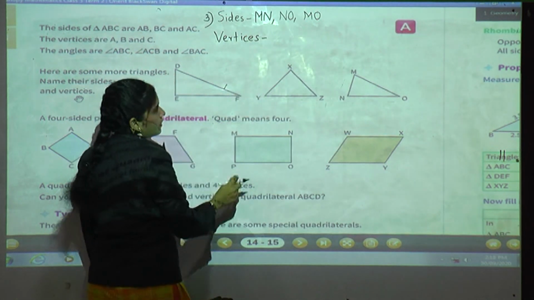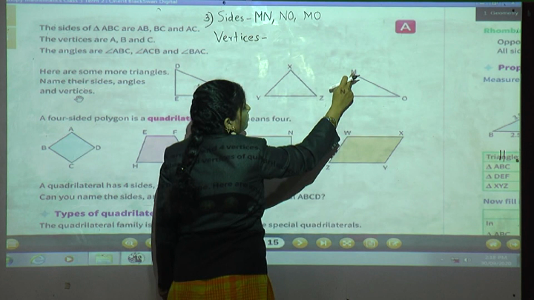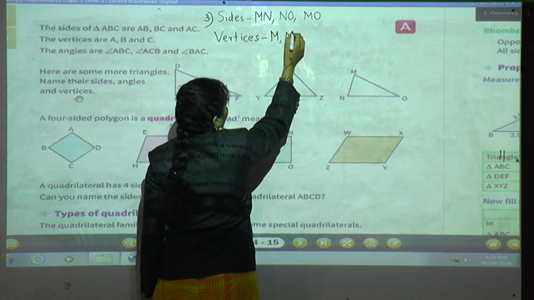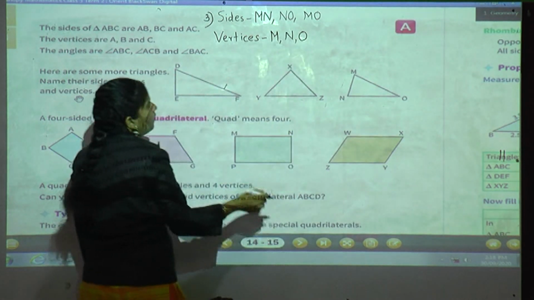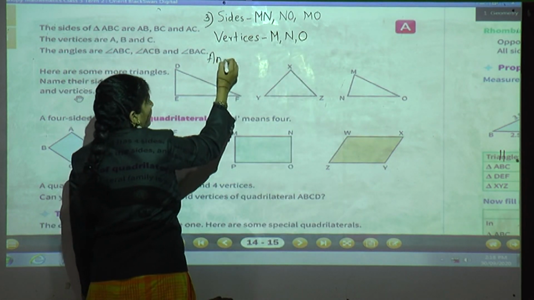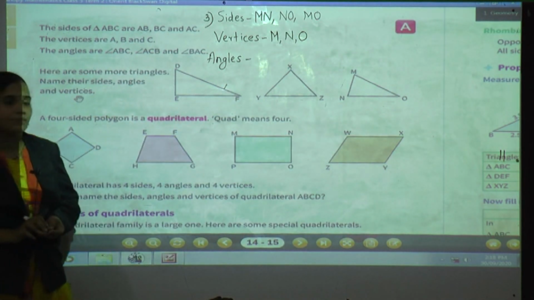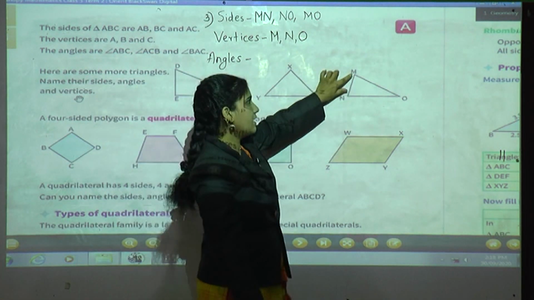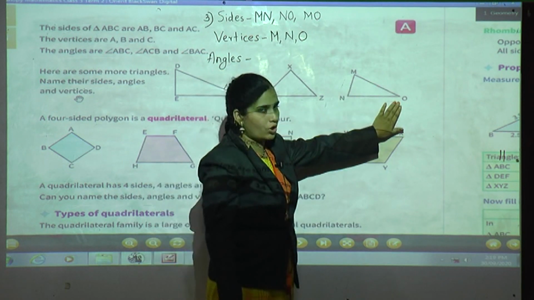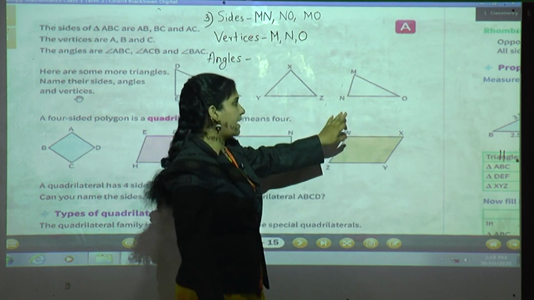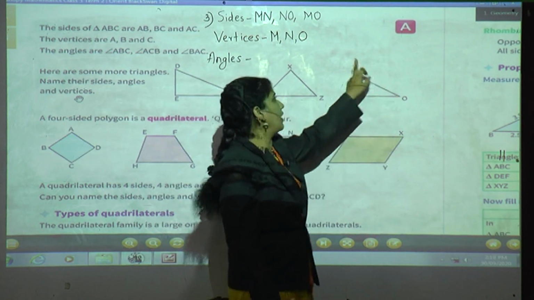Now vertices. Vertices M, N and O. Now angles. Tell me the angles. Angle MNO, angle MON, and angle NOM.